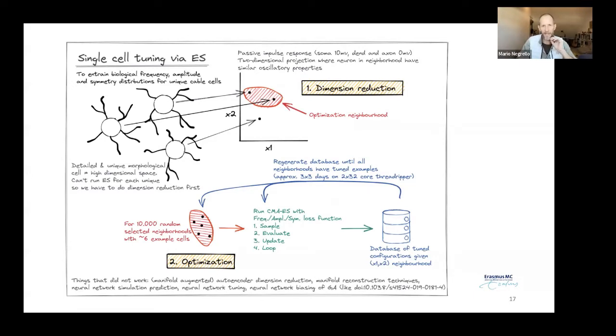This is a method that I'm not going to go very deep into, but I just want to tell you that we're first basically finding a subspace for which the cells respond passively similarly. And the problem that we have in general here to optimize cells is that it is really hard to optimize every single one of the cells.